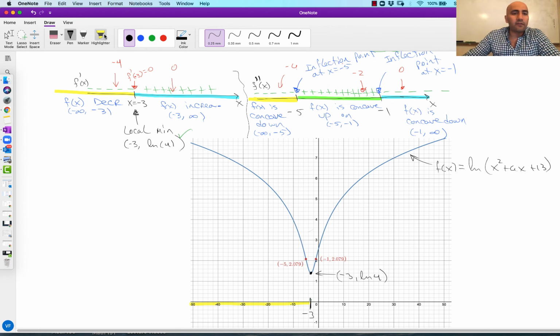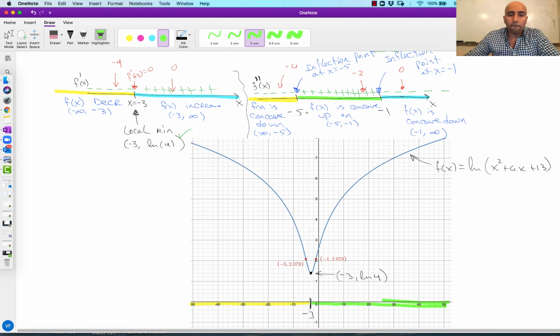And then on the interval from -3 up to positive infinity, going that way, the function is increasing. That's what we said. F of x is increasing from -3 to infinity, and f of x is decreasing before that. Okay, so everything here has been confirmed.